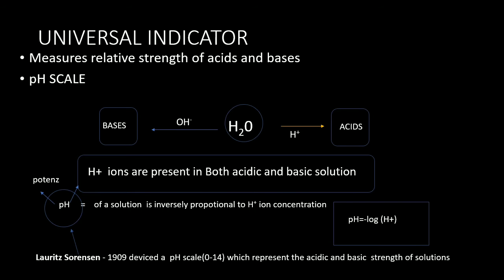In 1909, he introduced a pH scale having numbers 0 to 14. This number is based on the H+ ion concentration, and it represents the acidic and basic strength of a solution.